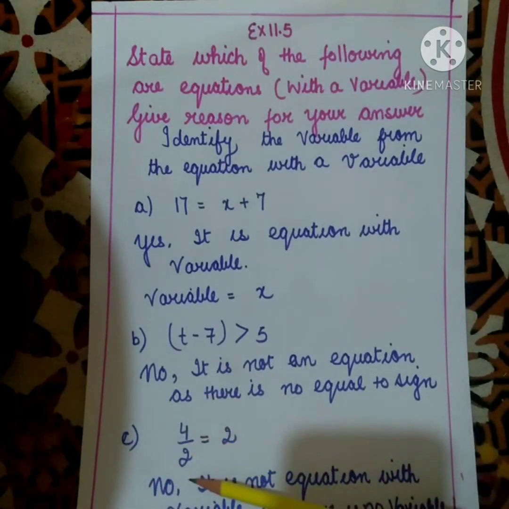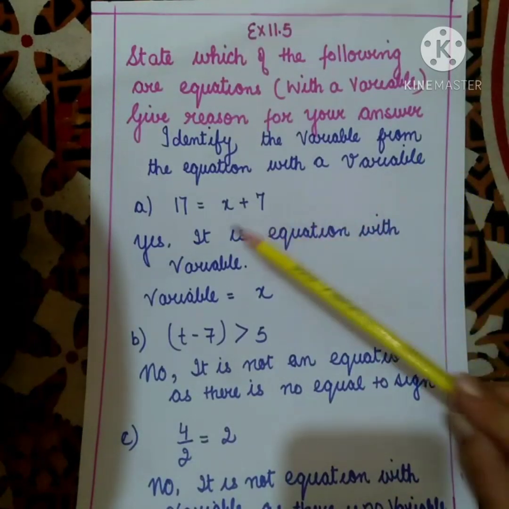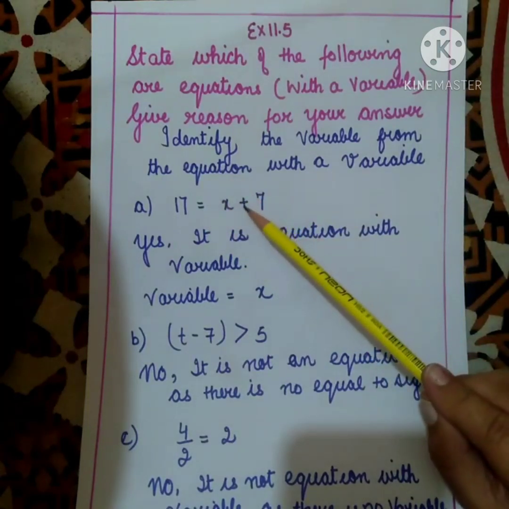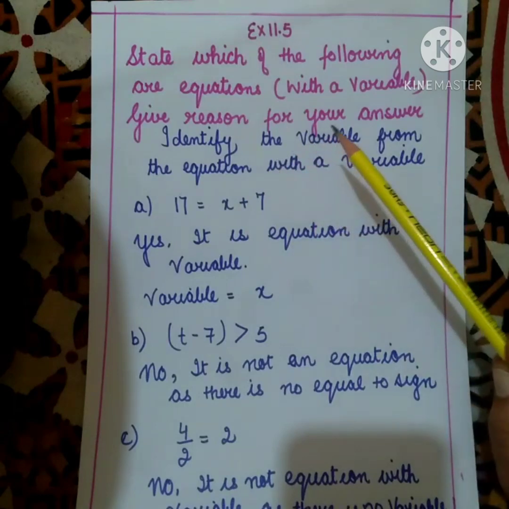This is an equation but not an equation with a variable because there is no variable in it. So the two conditions must be there: one is an equal to sign and the other is a variable for an equation with a variable.